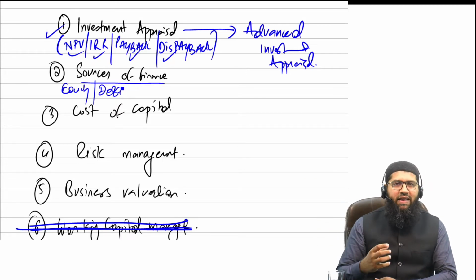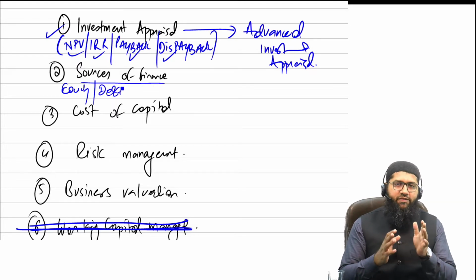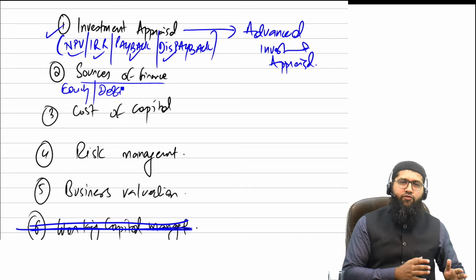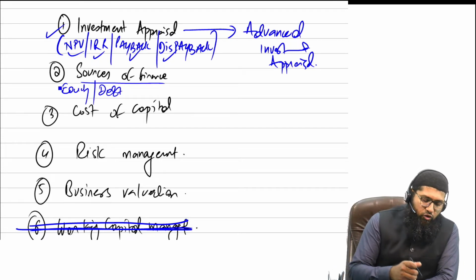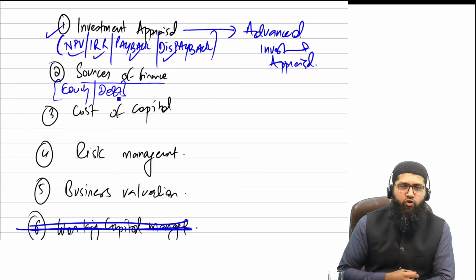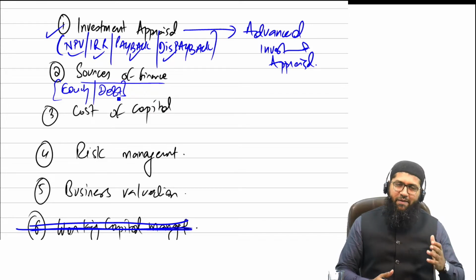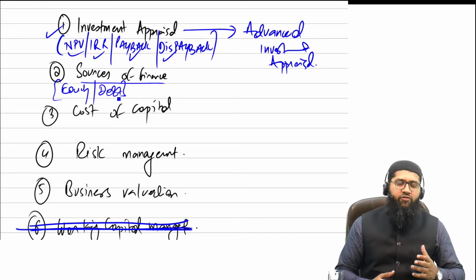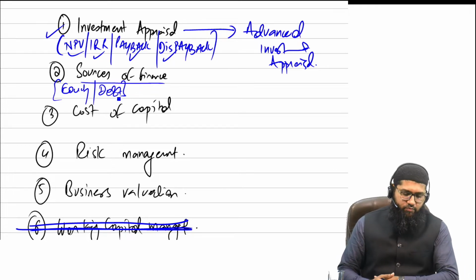What exactly is the type of loan that you are going to go for? So as a business, you have to decide about these different types of sources of finance that you are going to opt for. At the AFM level, the knowledge of these different types of sources of finance, and the pros and cons of going for a specific type, are all going to be examined, as they were at the F9 level.